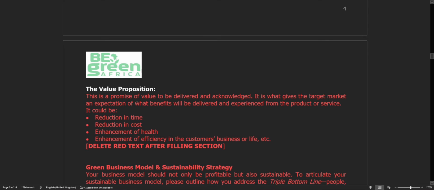Value proposition. This is one of the areas too that people are making mistakes. The Tony Elumelu Foundation puts reduction in time, reduction in cost, enhancements of health, enhancements of efficiency in customers' business or life. Doesn't mean you will put value propositions that satisfy all these things. Value propositions are mostly a single sentence.